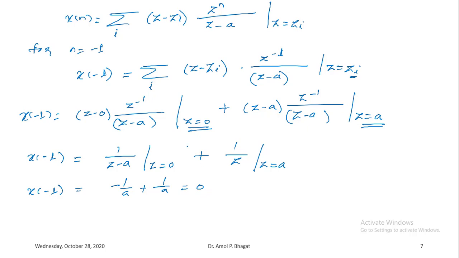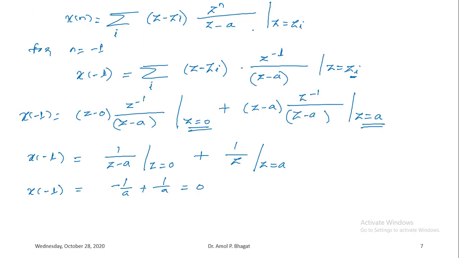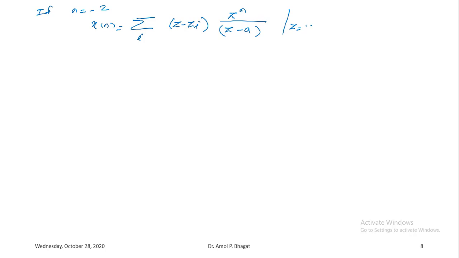Similarly, if n is equals to -2, what will we have? Again, as per this formula, x of n is equals to summation over i of z minus zi, z to the power n, upon z minus a, at z is equals to zi.